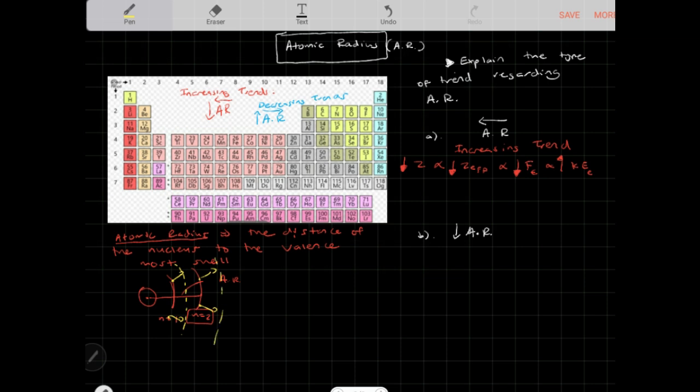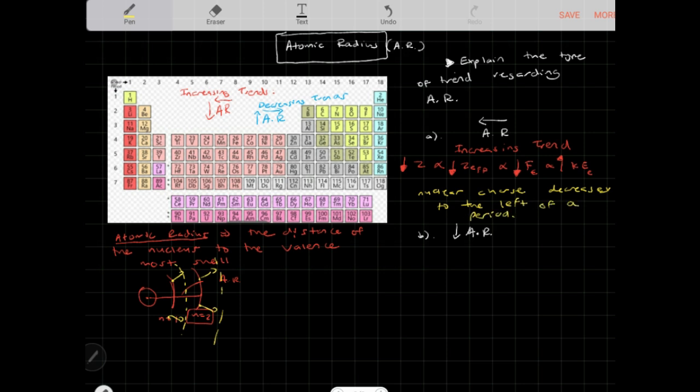So that's why the atomic radius increases to the left of a period: the atomic number, or the nuclear charge, decreases to the left of a period.